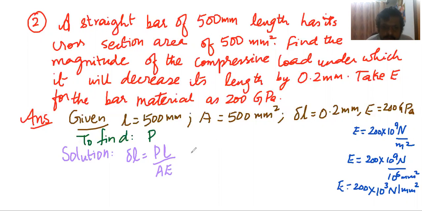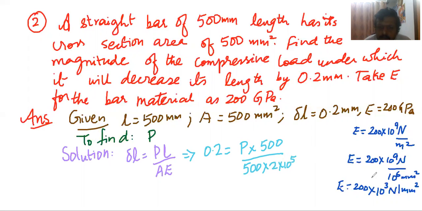What do we get? This will be capital P, that's what is unknown. So delta L is 0.2 is equal to capital P into small l is 500 upon capital area is 500 and capital E is 200 into 10 power 3, which is 2 into 10 power 5.